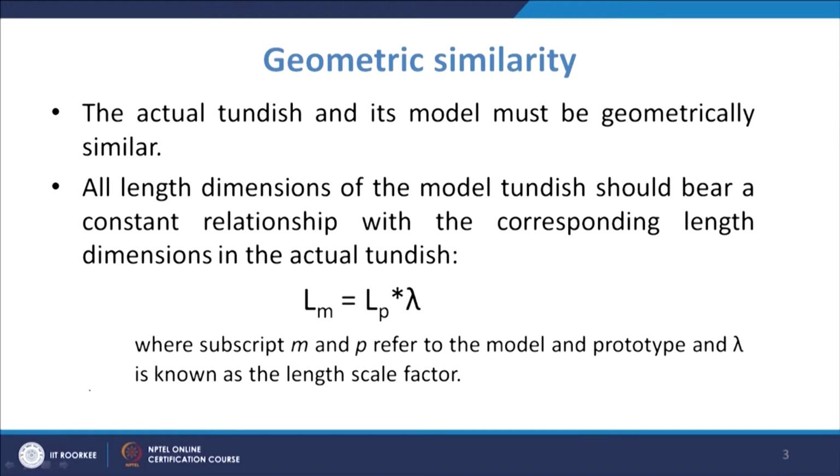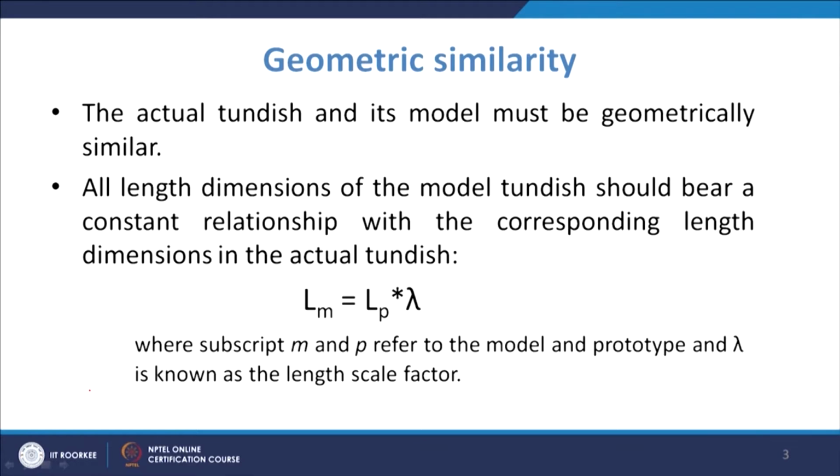We represent it like this: Lm will be Lp into lambda. Here m refers to the model and p refers to the prototype, so lambda will be Lm upon Lp. Lambda is known as the length scale factor.